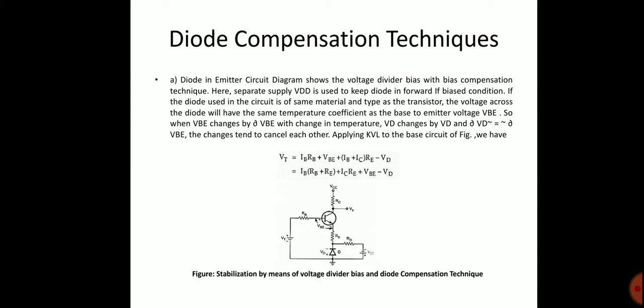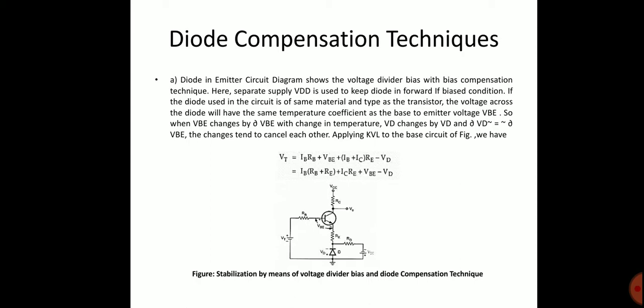So VBE changes by ∂VBE with change in temperature, and the diode voltage changes by ∂VD, equal to ∂VBE, the base emitter voltage. So the changes tend to cancel each other.